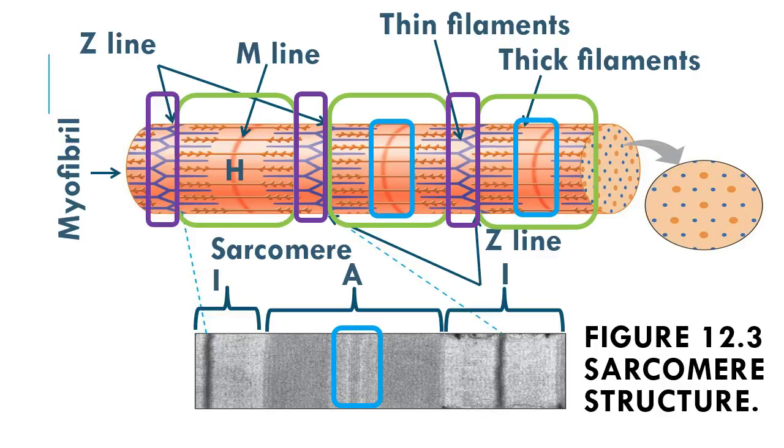Comfortable? These represent a single what? Parts of a single sarcomere, which bind together to form a single fibril. If you have multiples of these, you could find them packed into a single what? Muscle cell or muscle fiber.